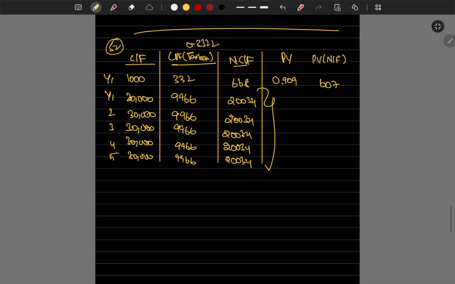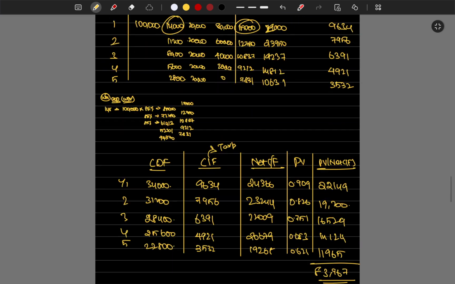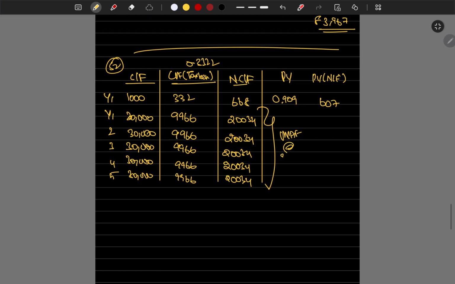Then we can use the PVAF factor for the remaining years, which is the total of these discount factors, and this will be 1.1, and so on, totalling 3.791. So 20,034 into 3.571, which is 71,541, plus 607.